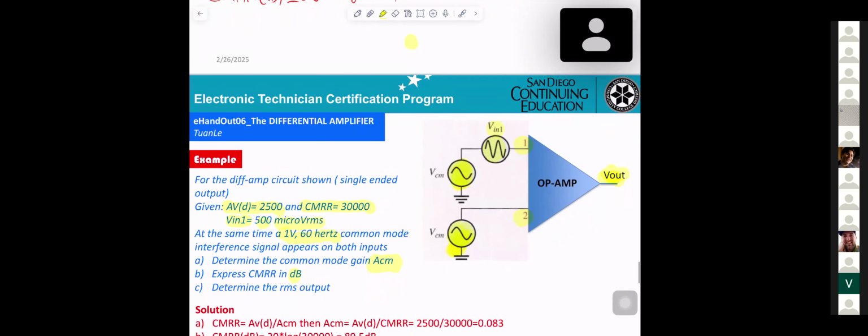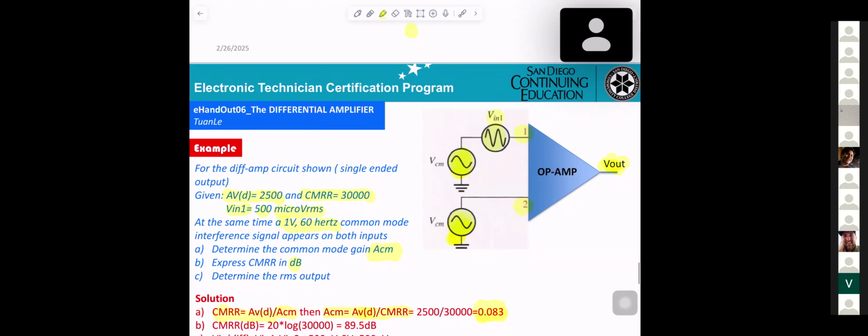I give you the common mode rejection ratio, AVD over ACM. So you already know the common mode rejection ratio.